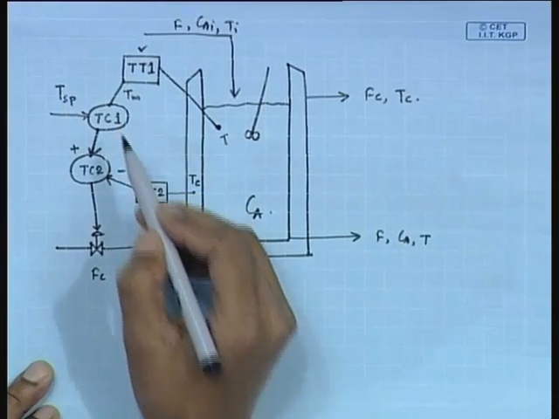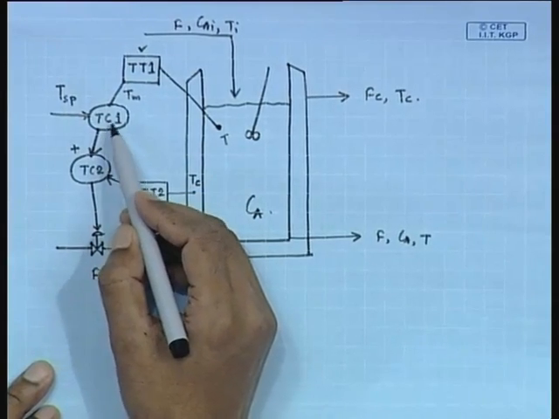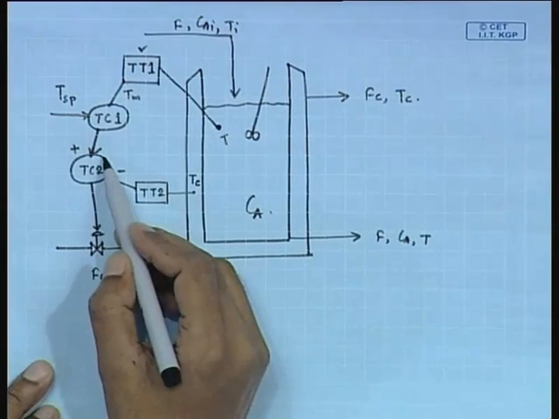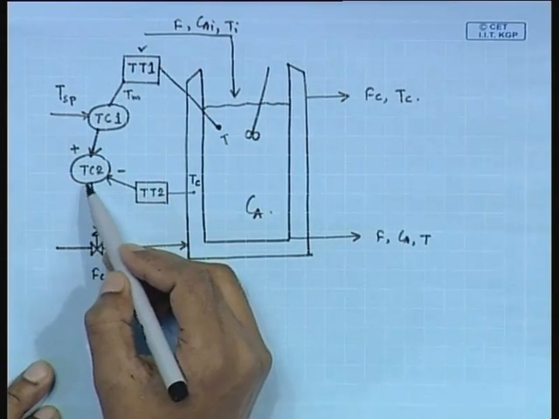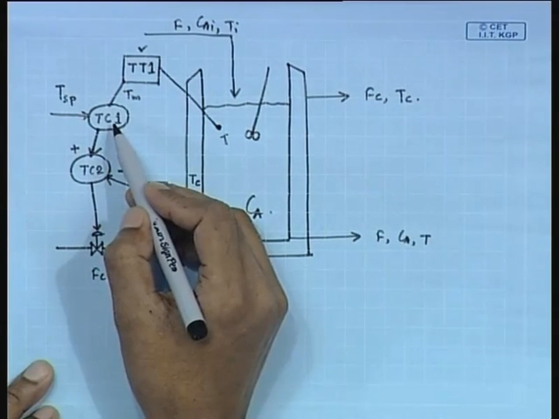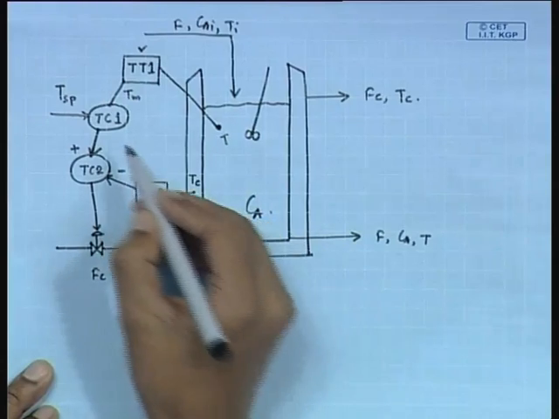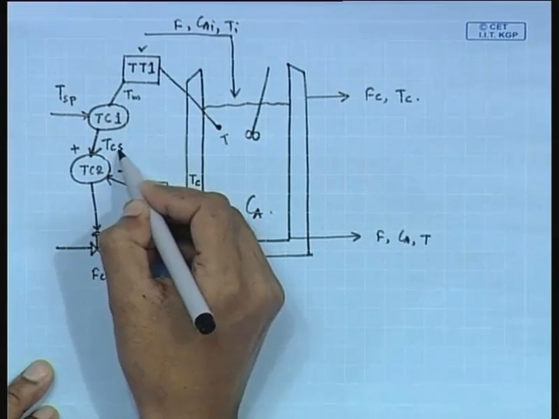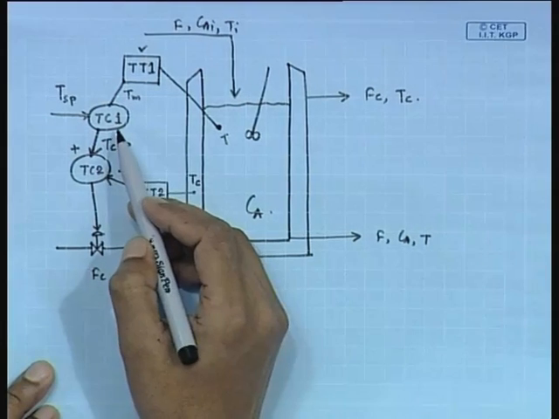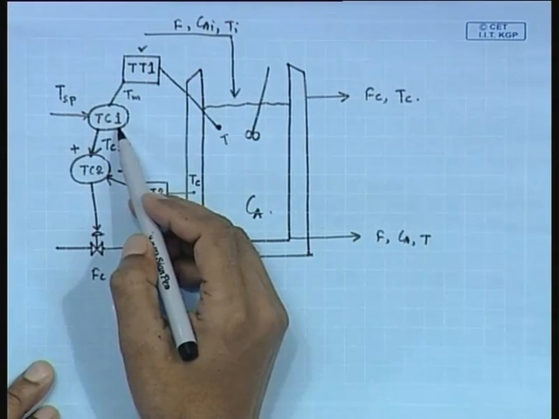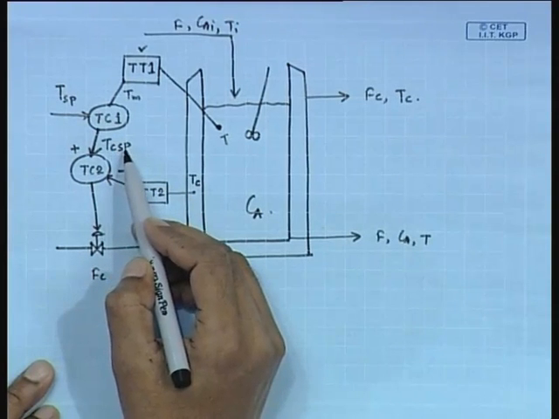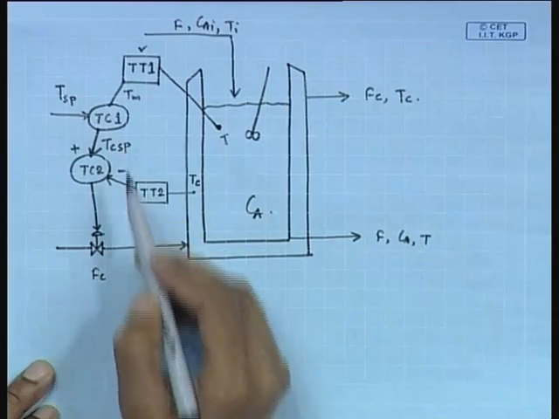For the simple feedback controller, the control action of TC1 is implemented, but here another controller is included, that is TC2. Here the first temperature controller TC1 calculates basically the set point value of coolant temperature, that is Tc set point.